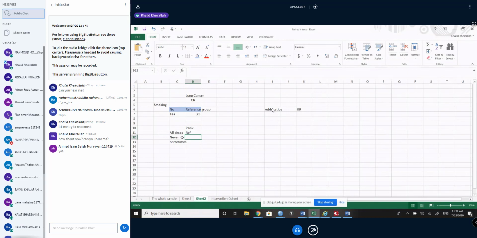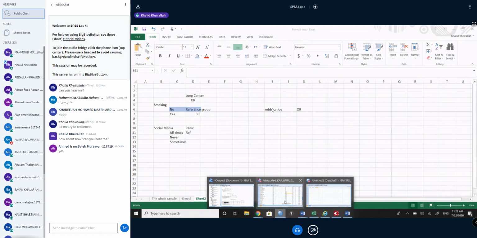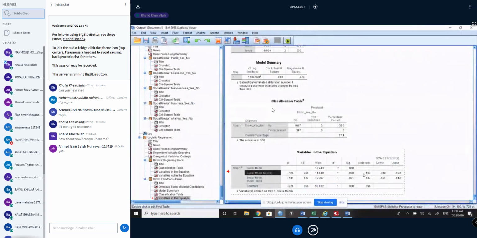Now those who never watched social media as a source of information, according to this table, they have a risk of 0.4. So when the risk is more than 1, you have a higher risk. When the risk is less than 1, you have a lower risk. So those who never used social media as a source will have a lower risk of developing panic compared to the reference group.